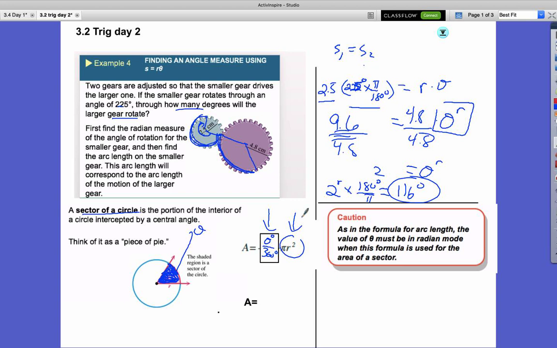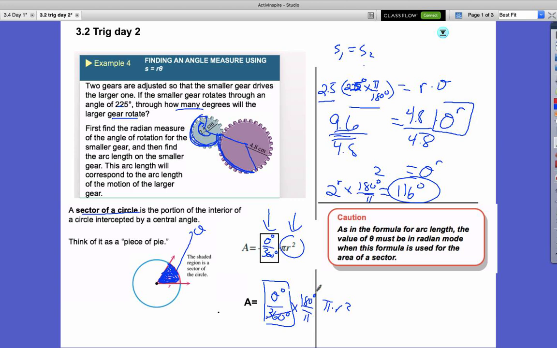Okay. Now, let's come up with a formula for radians. So we've got theta in terms of degrees divided by 360 times pi r squared. I'm just going to move that over here, because I'm going to put in a conversion factor. I'm going to take this and convert it into radians. So I'm going to multiply by 180 over pi.